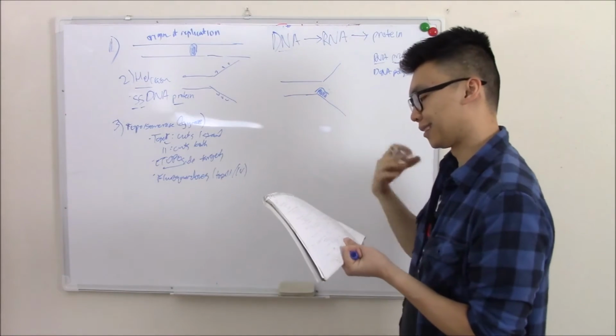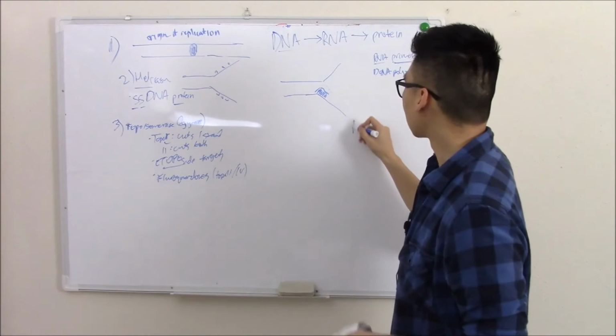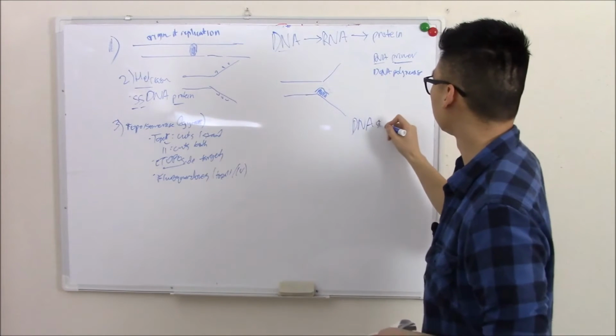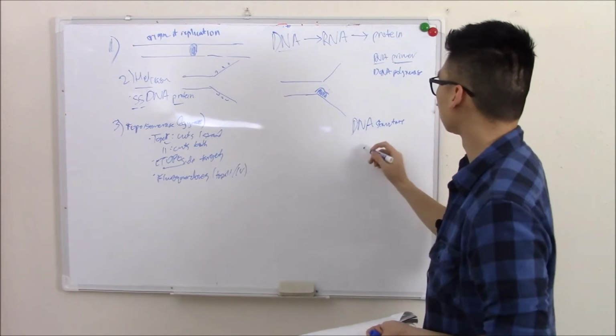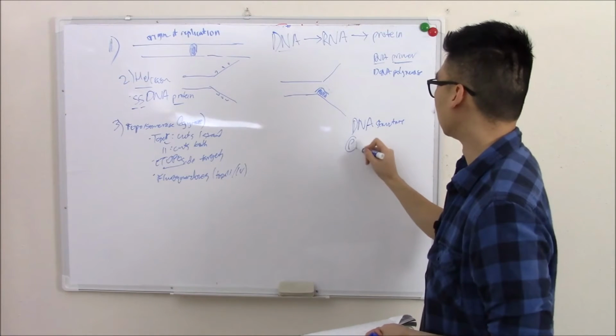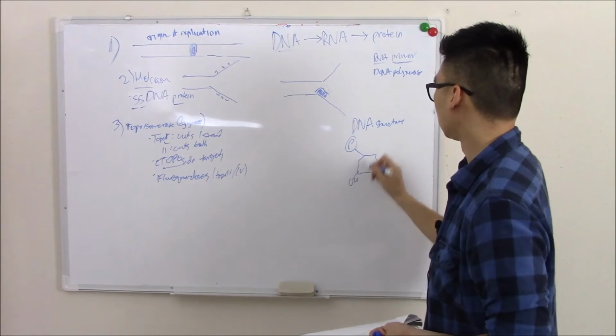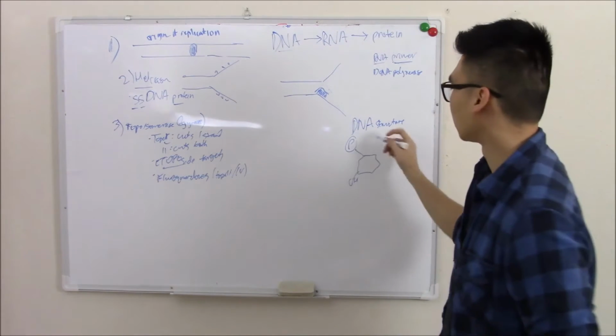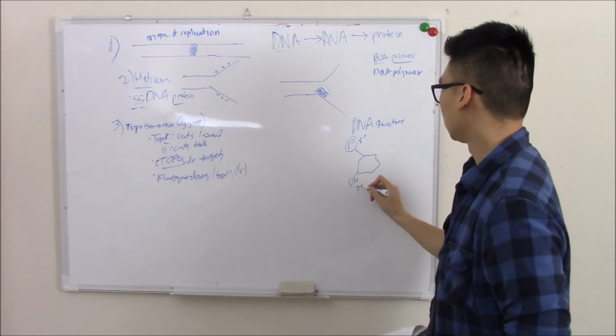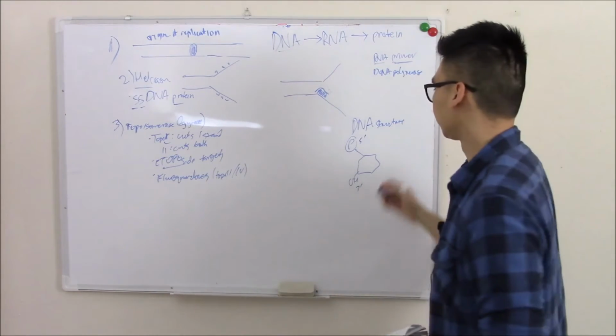Here's where things get a little tricky. If you look at DNA's structure, then it looks something like this. Where you have a phosphate group on the 5' end and a hydroxyl group on the 3' end.